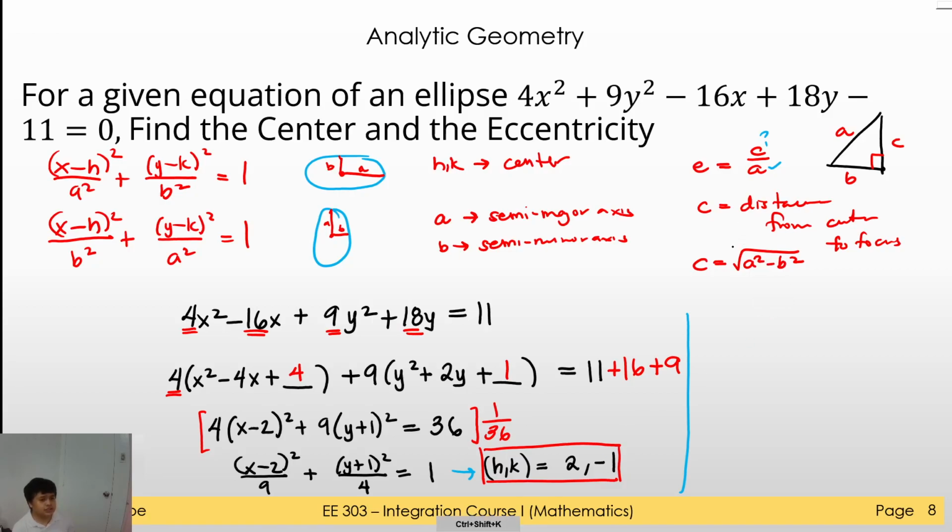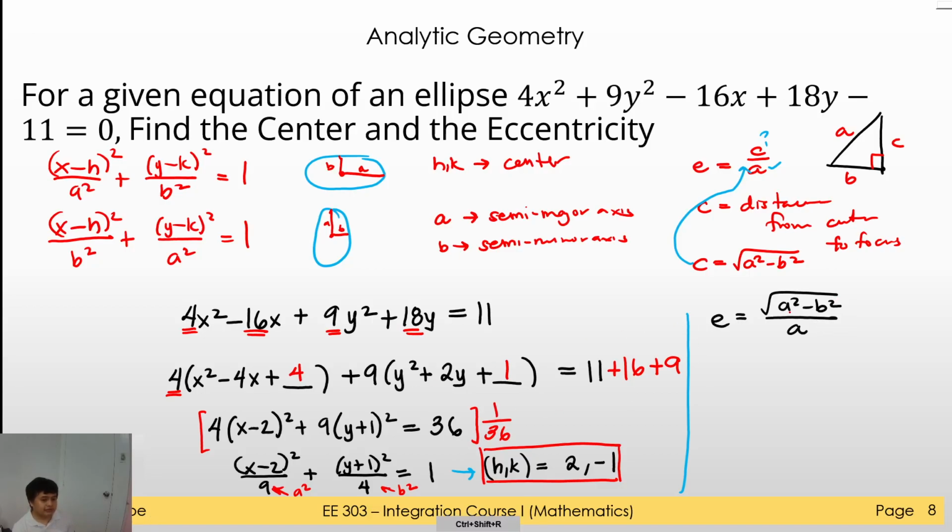Now, to find the eccentricity, we have to first find the A, the B, and the C. Actually, I can just substitute this directly so that I won't have to compute this. So we have E equal to the square root of A squared minus B squared, over A. So this is actually A squared and this is B squared. Remember that in the standard form of an ellipse, whichever denominator is the highest will be your semi-major axis squared.